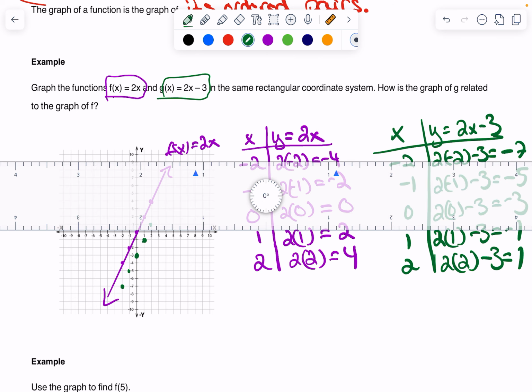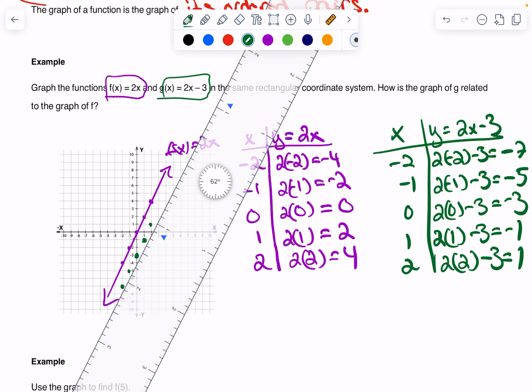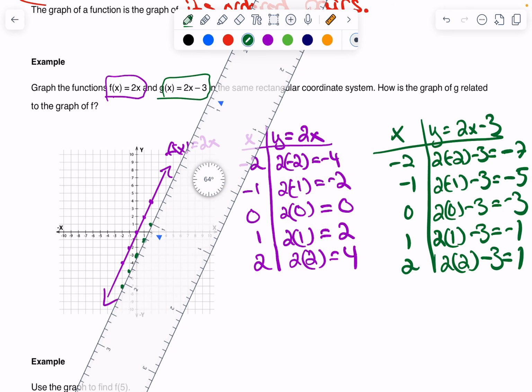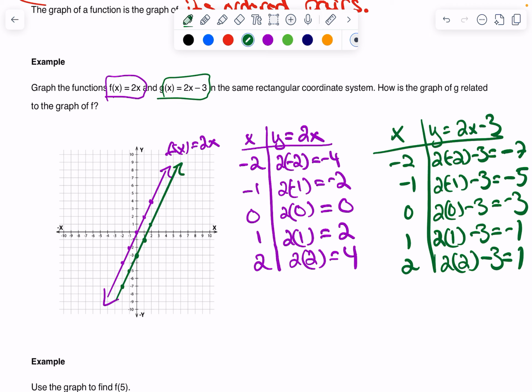Okay, let's draw that line. Here we go. So this one is the g of x equals 2x minus 3. Now, how is the graph of g related to the graph of f is the question.